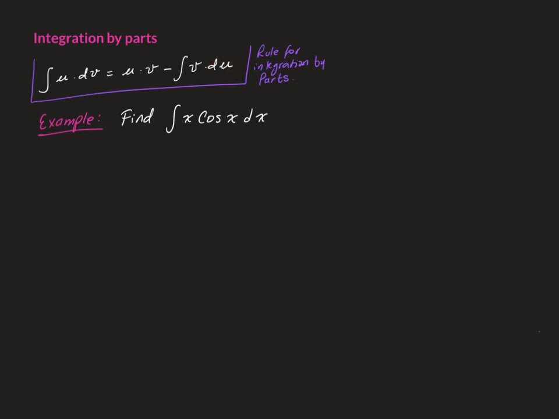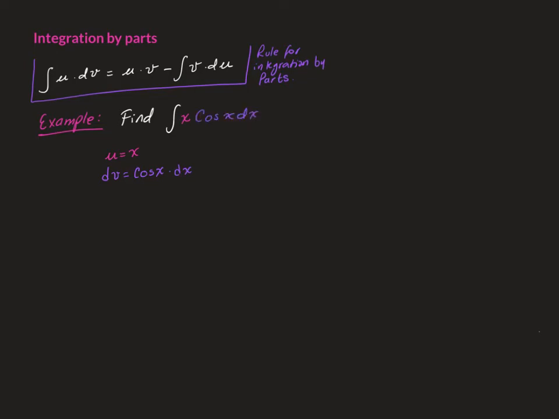That is going to simplify my problem quite a bit. So I'm going to define u as x, and I'm going to define dv as anything else that is not x, so cosine of x times dx. That's going to be dv.